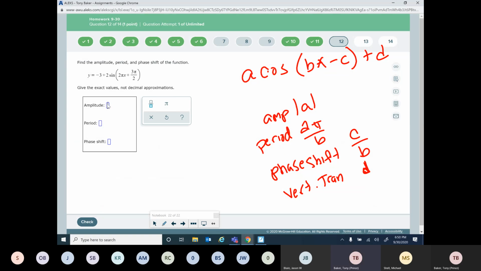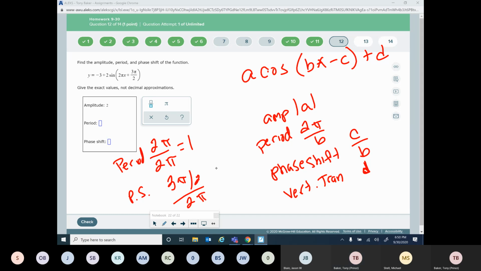So in this case, my amplitude is going to be the number in front, so that's 2. My period is 2 pi over 2 pi, which is 1. And my phase shift is C, which is 3 pi over 2, divided by 2 pi.